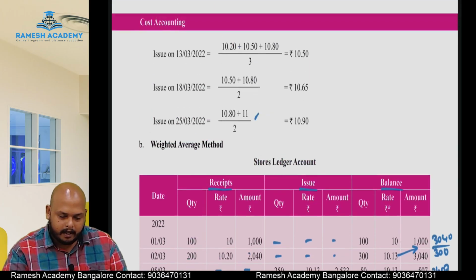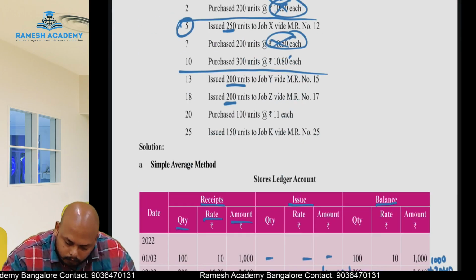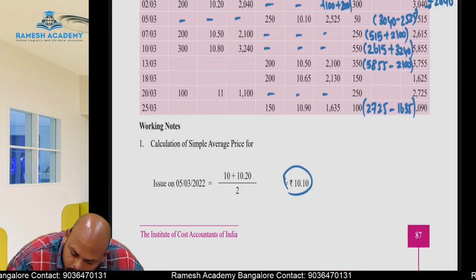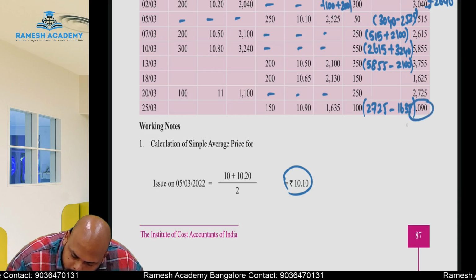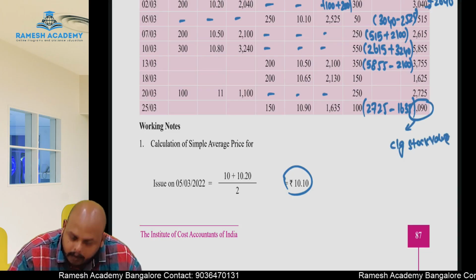In the same way, in the previous question also, if he is asking you for closing stock, you have to write this. Closing stock value is 1090.